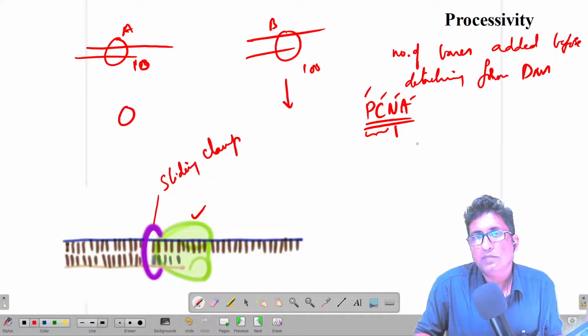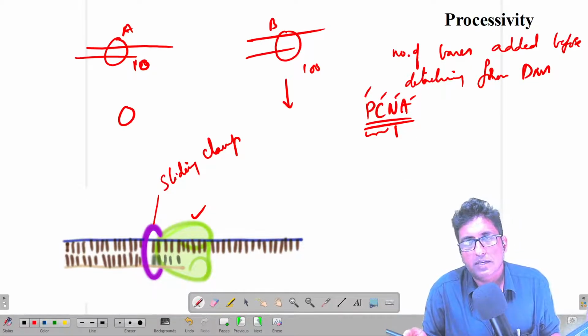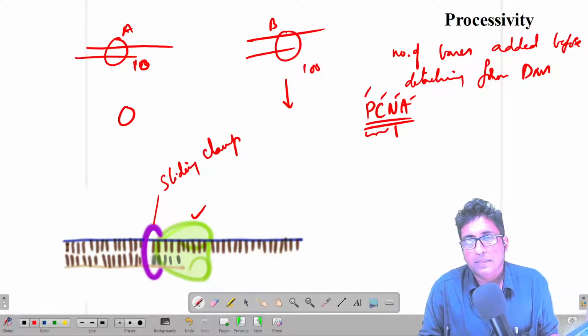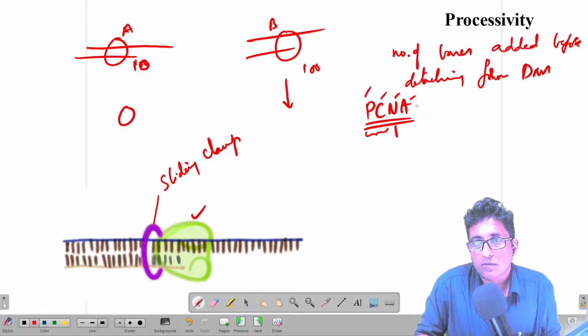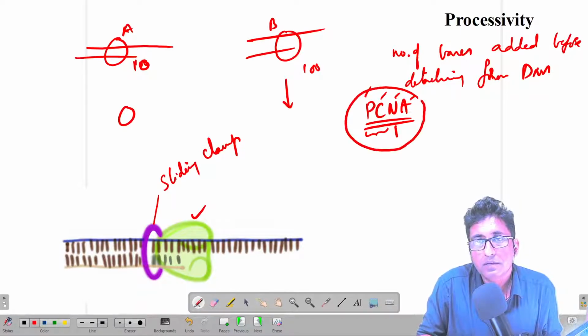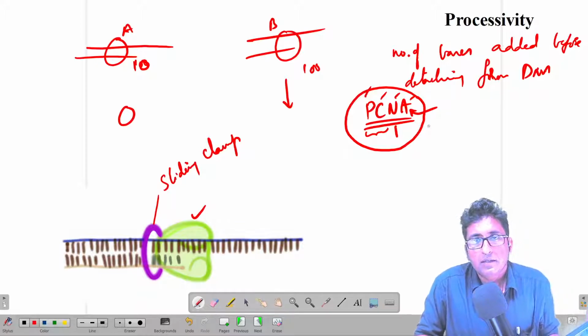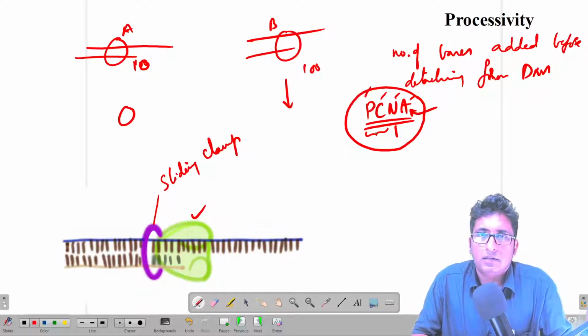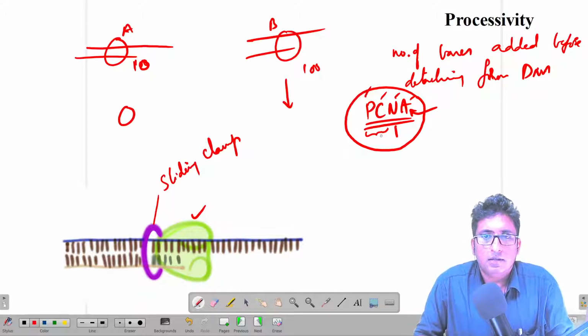If they are dividing, replication must be happening, and during replication you need the sliding clamp. People find this PCNA in rapidly replicating cells, and that is why they call it an antigen maybe.